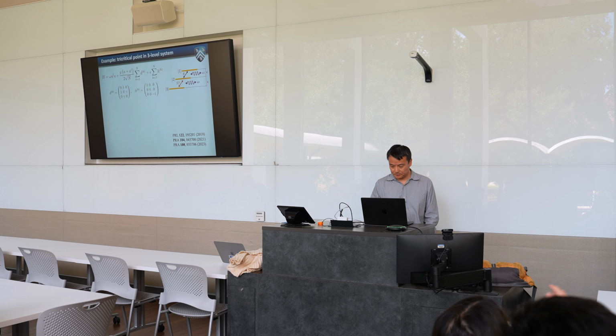And these 2 boundaries join at the tricritical point. The tricritical point can be calculated analytically, given by this. And you can also study the scaling behavior, and indeed the scaling exponents across the tricritical point will be different from the exponents across other points along the second-order boundary.